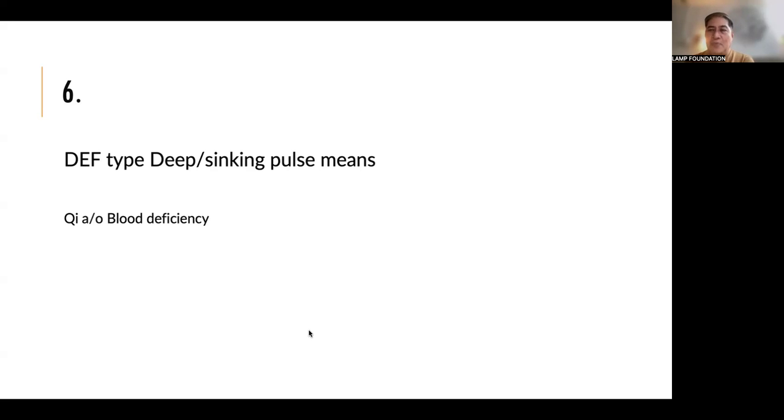Compare mo kaagad sa tongue. Pag yang deficiency, the tongue would be slightly wet. In chi deficiency you don't actually see anything at all. While in blood deficiency the tongue may be thin and kulang nga sa blood, so might be slightly dry, no?